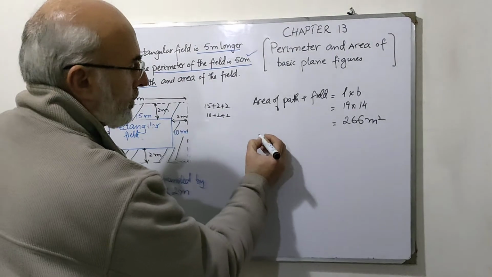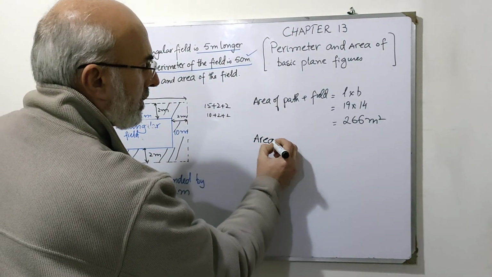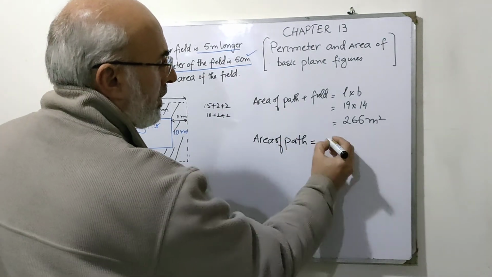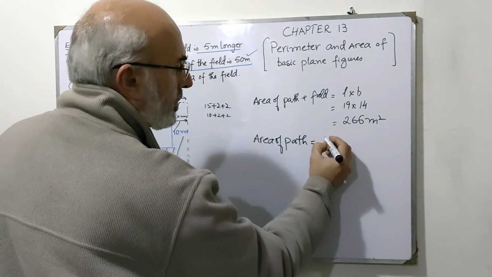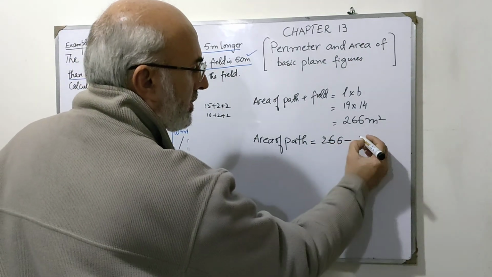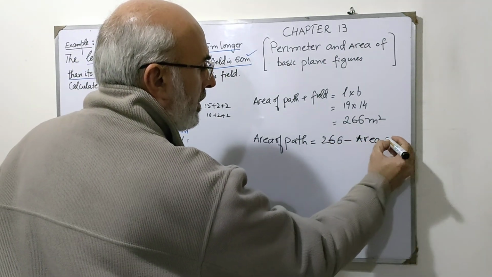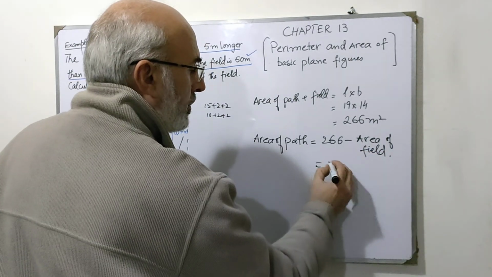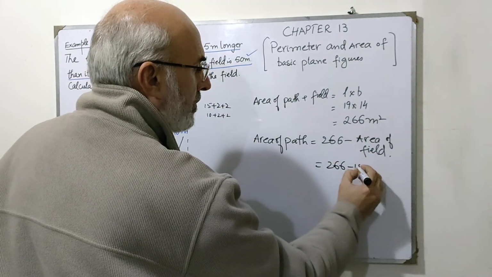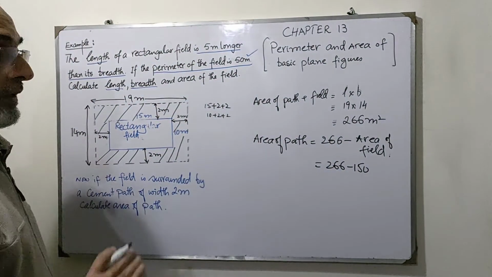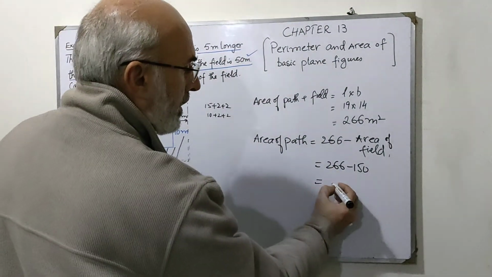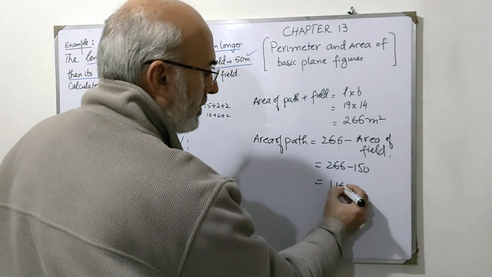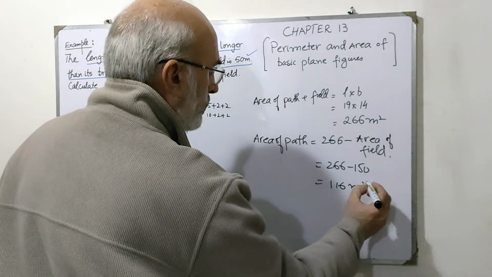So now the area of path is equal to 266 minus the area of field, which is 266 minus 150. We have already calculated that, and so it becomes 116 meter square.